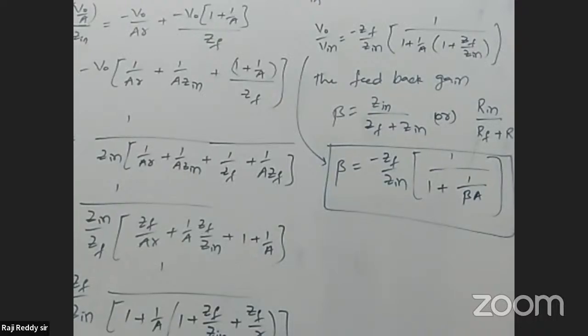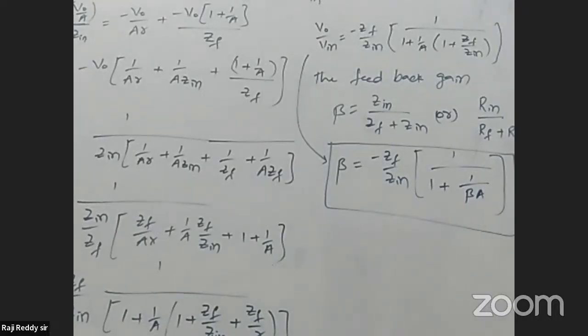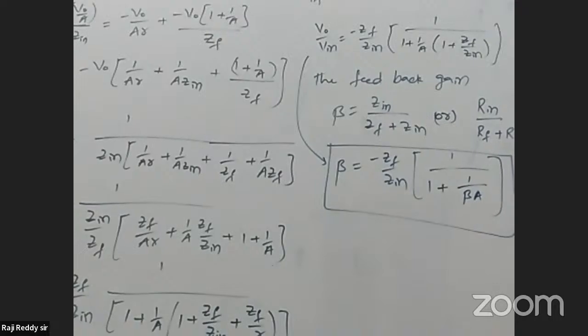This is the inverting operational amplifier configuration. Similarly, you can find out the non-inverting configuration characteristics also. For that one, you'll get the final equation almost the same.